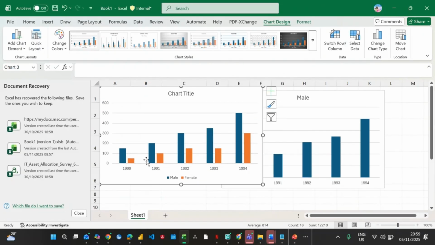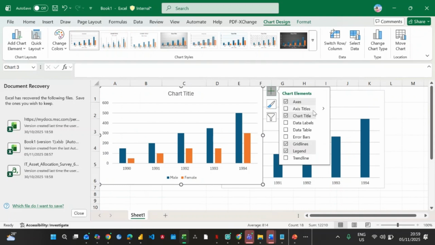So this is a stack bar. It's telling me that this orange is for female and this is for male, right?